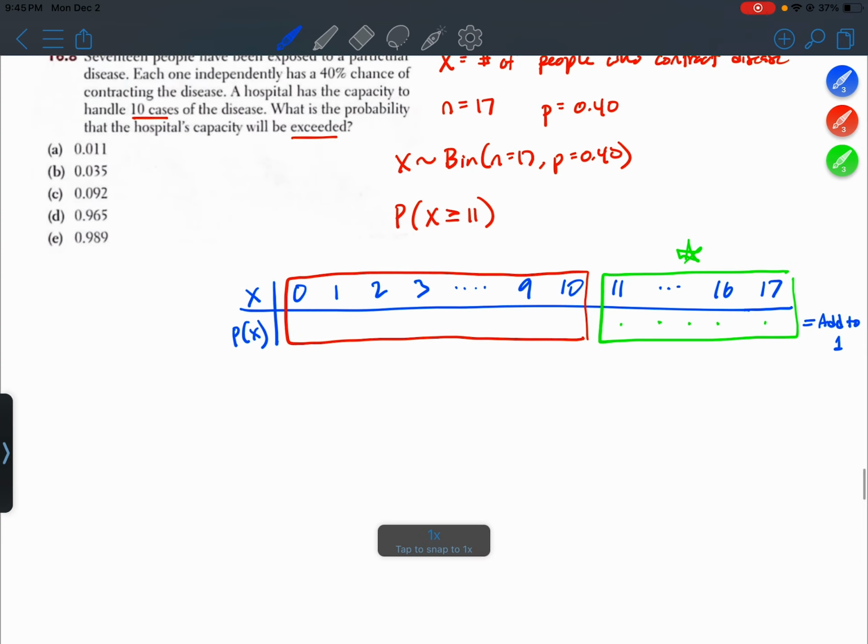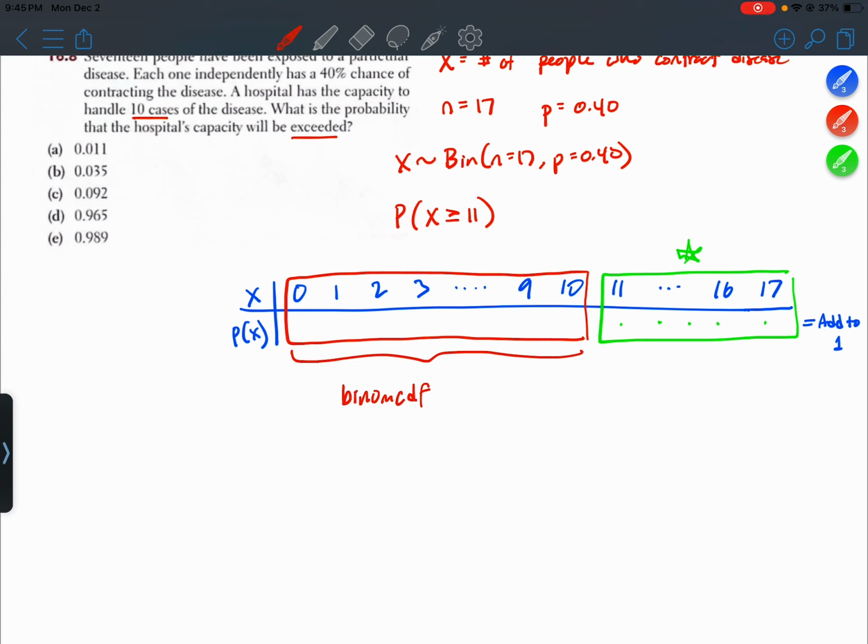Okay. And there happens to be a very convenient function on our calculator for finding the probabilities of a bunch of outcomes up to a certain point, right? And this is the binom CDF function.